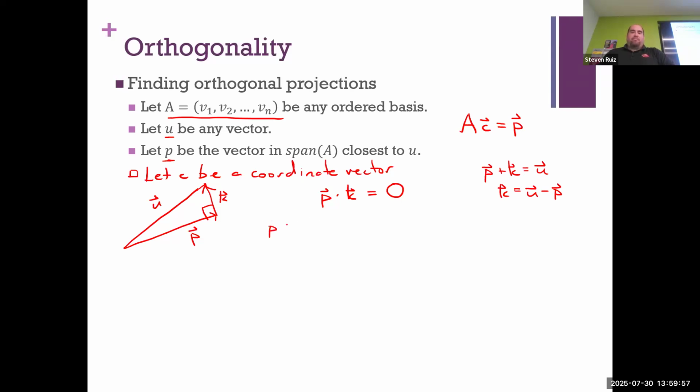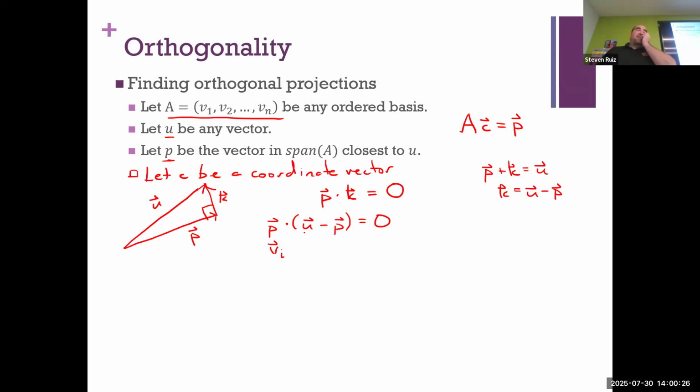So that's the first way that I'm going to rewrite this. I know that P dot (U minus P) is equal to 0. But P is just a combination of all the things in A, right? So I'm going to replace P with any one of those vectors, I'm going to just say VI.